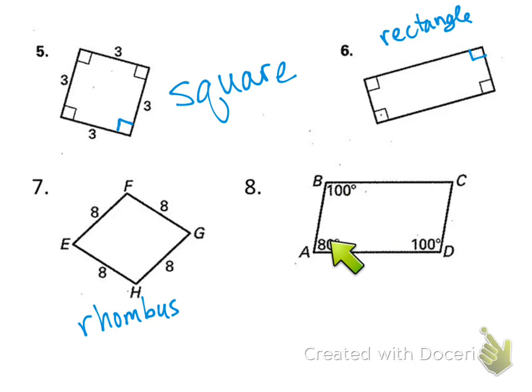If this 100 was down here, then it'd be an isosceles trapezoid. But since they're across from each other, they're opposite angles. It's the first one we talked about. Yep, parallelogram. Good.